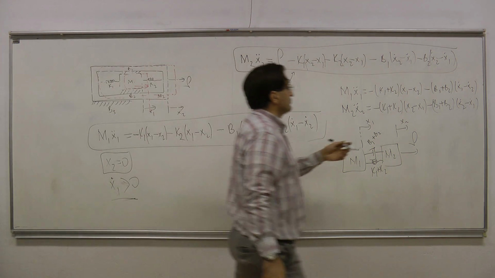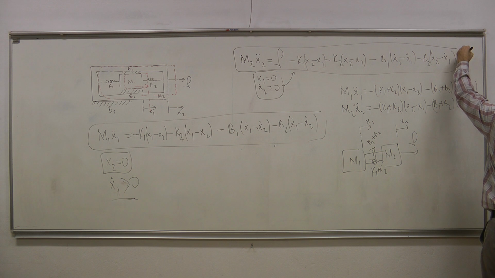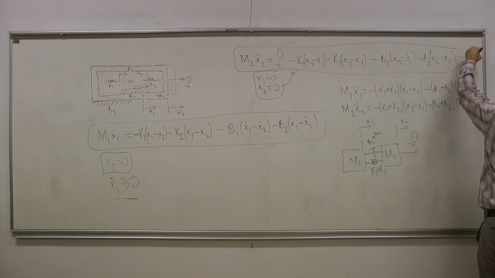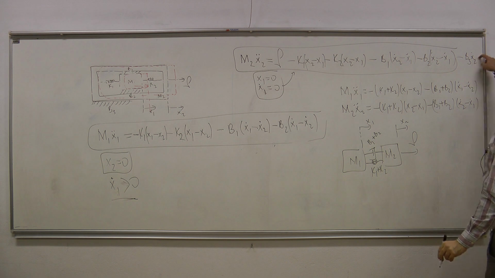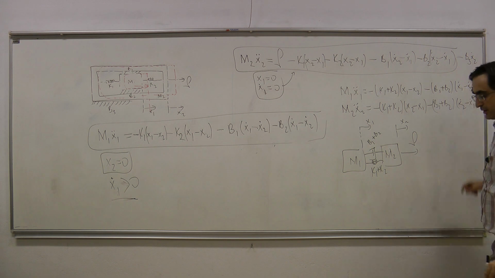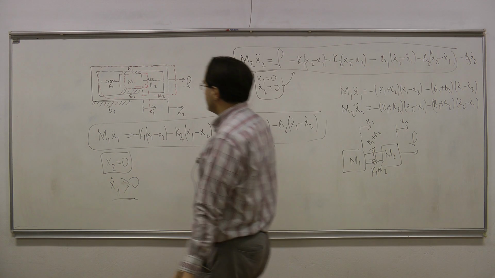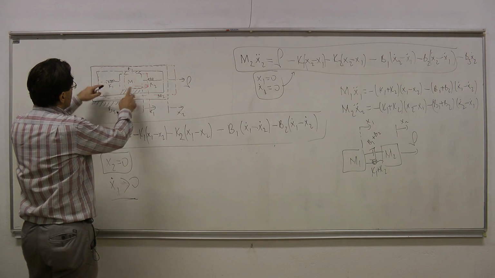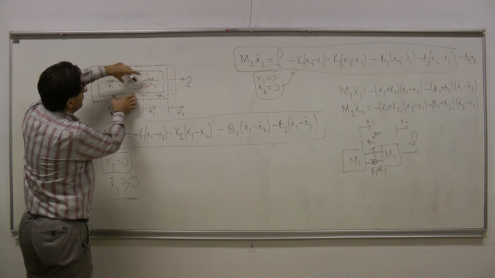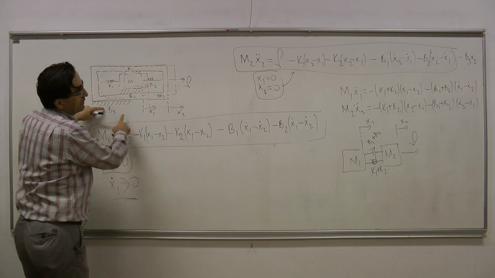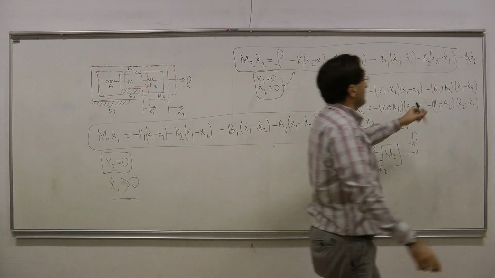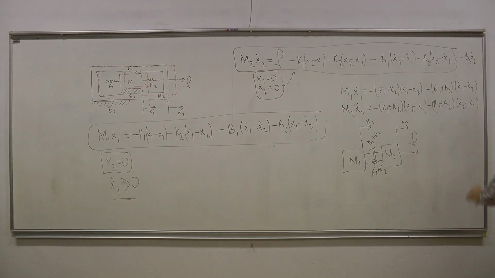The effect of the friction would come here like this, B3 x2 dot. Okay? And should I subtract x1 dot from here? No, I won't subtract it, because this friction is not between M1 and M2. This friction is between M2 and the ground. So the only term that I need to add here is minus B3 x2 dot.